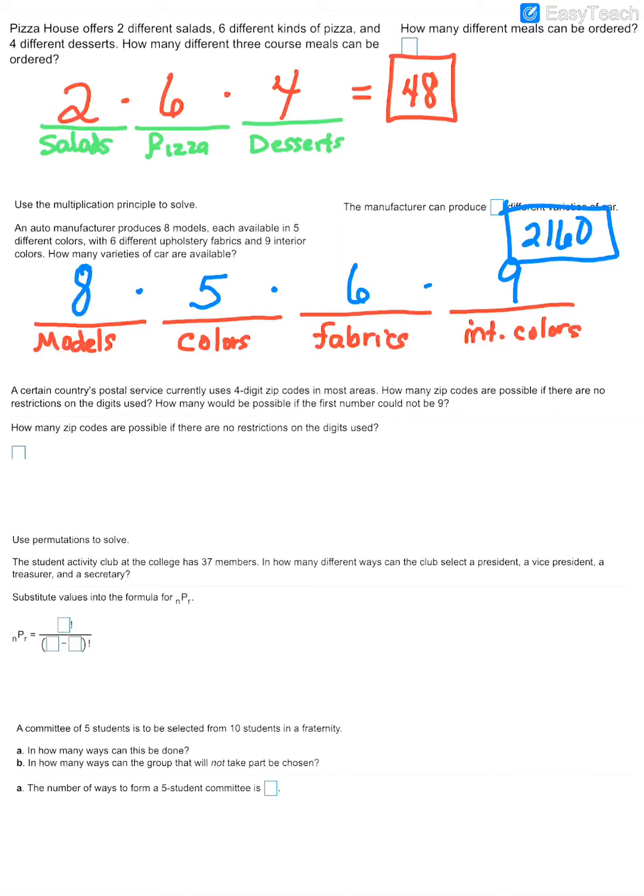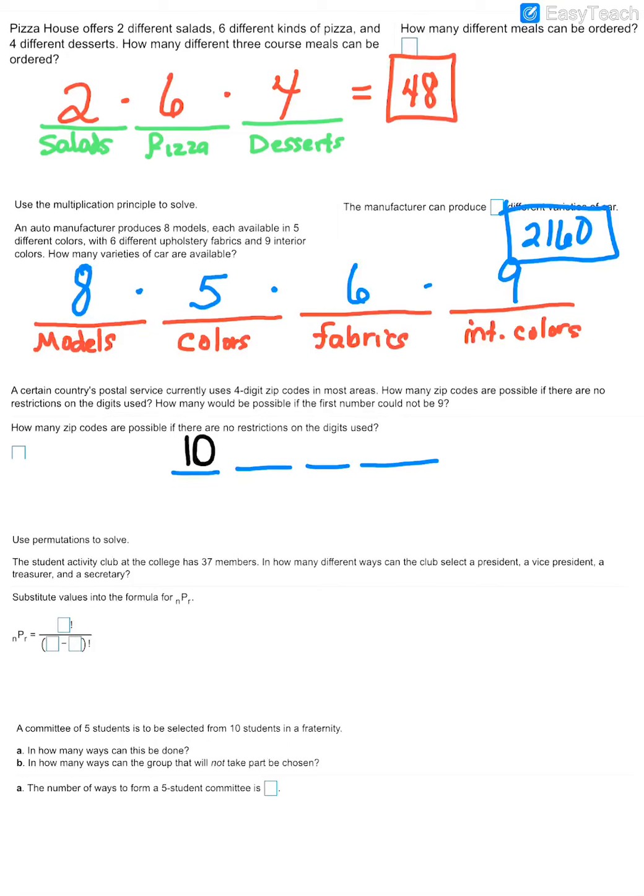In my third example, we have a country's postal service using a 4-digit zip code. And it wants to know how many zip codes are possible if there are no restrictions on the digits used. So my digits are the numbers 0 through 9, which are 10 digits. If I have no restrictions, then that means that I have 10 choices for each slot.